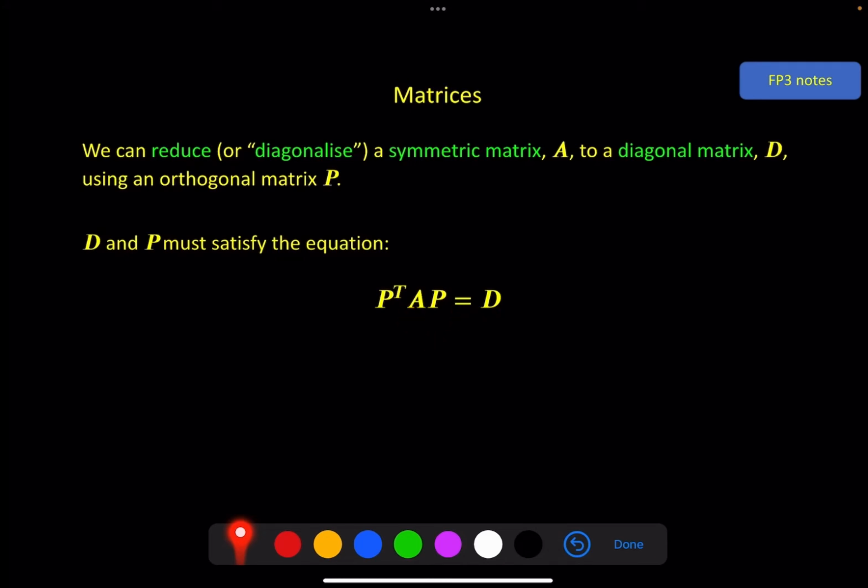And obviously we're going to need to know P in order to put it into this equation to find D. And that will be part of our process.